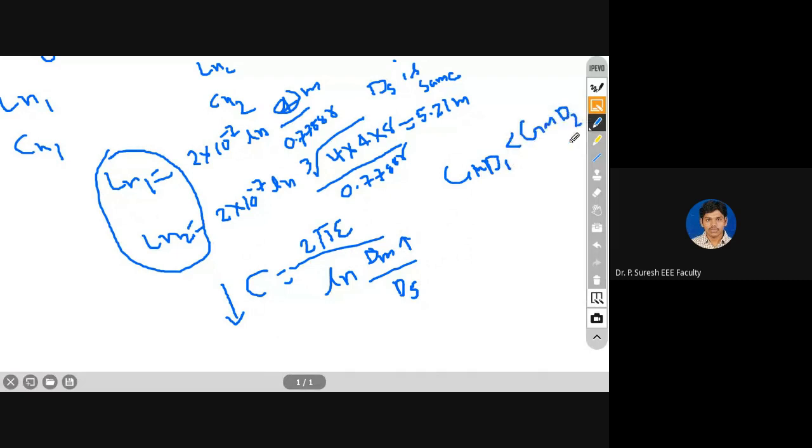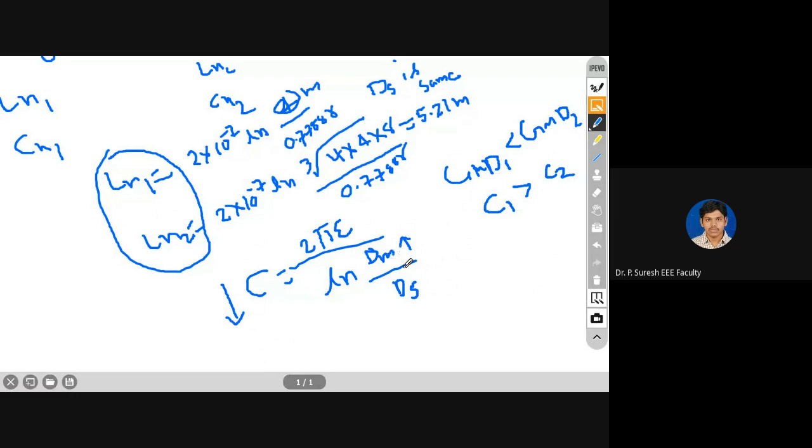Now what about the capacitance relation? C1 is greater than C2. Why? In case of C2, GMD is more and capacitance is less. Here GMD is less, capacitance is more. That's why C1 is greater than C2.